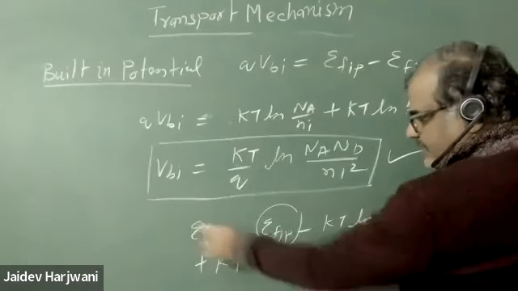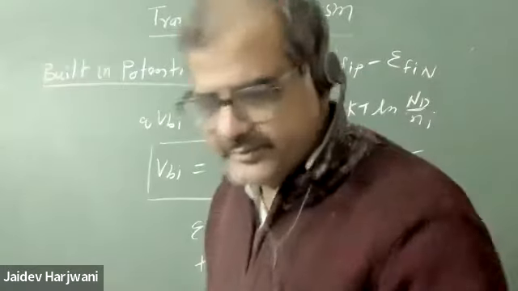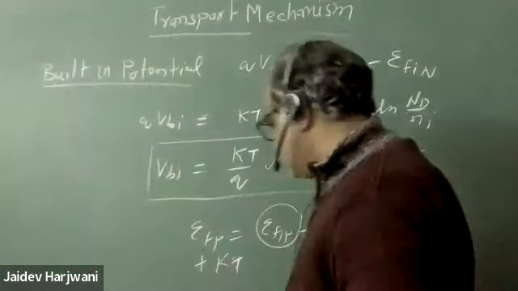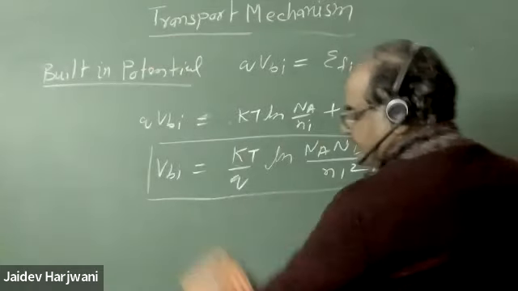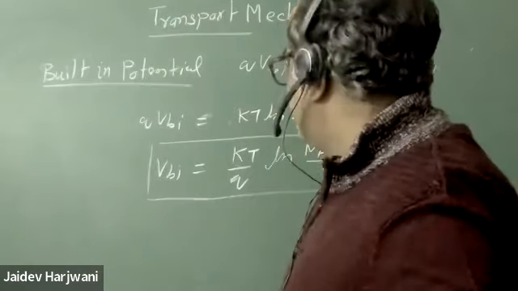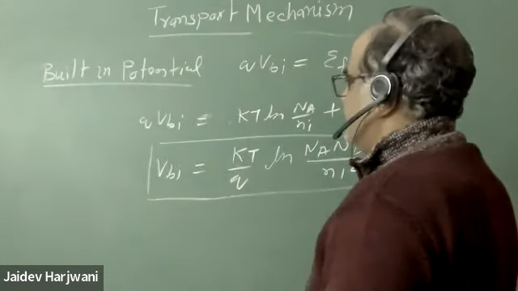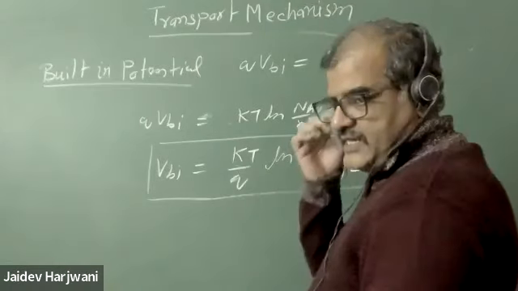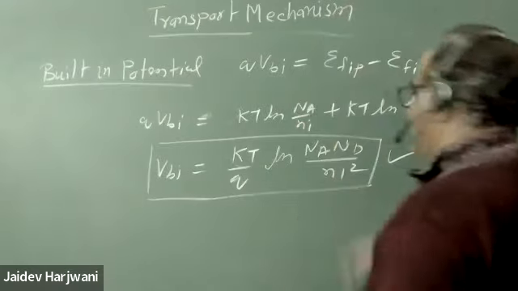This will become EF plus this one, and EFP and EFN are equal. Are you getting it now? Okay sir, I will try. Sir, now it is clear. Yes. The earlier formula was giving negative, now it is fine. Yes, it was a sign problem, a sign issue. So now this is your KT by q ln Na Nd upon Ni square.